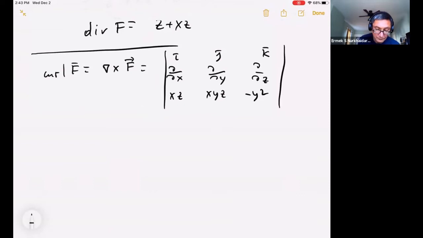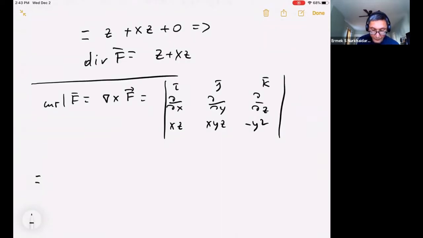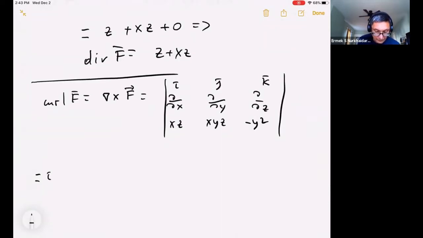For i, we look at what we have with y. The derivative of negative y squared is going to be negative 2y. Then the derivative of xyz with respect to z is going to be xy.